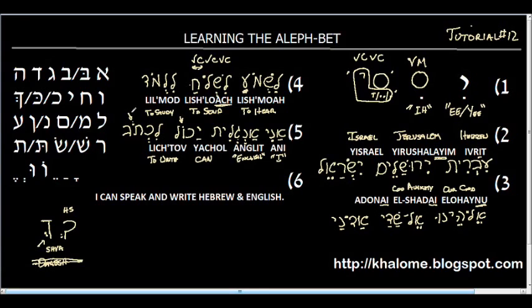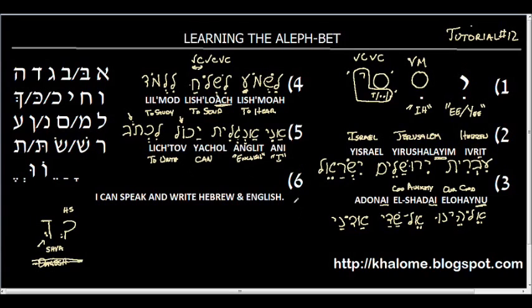And there's an explanation for that, which you'll learn a little bit later. Don't really need to get too caught up in it right now, but we know enough now that we ought to be able to say some simple sentences. I can speak and write Hebrew and English.